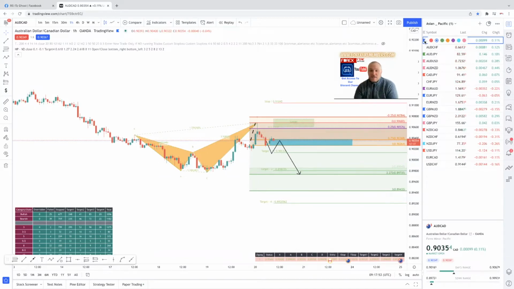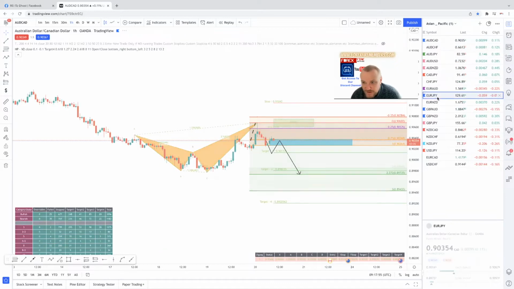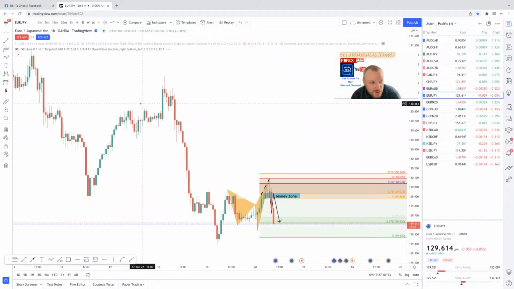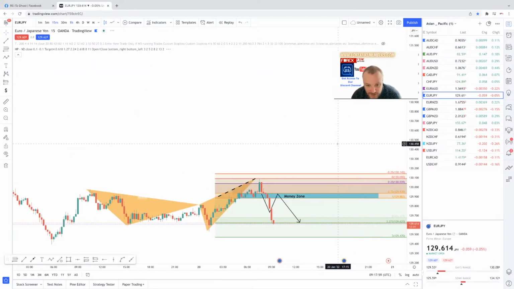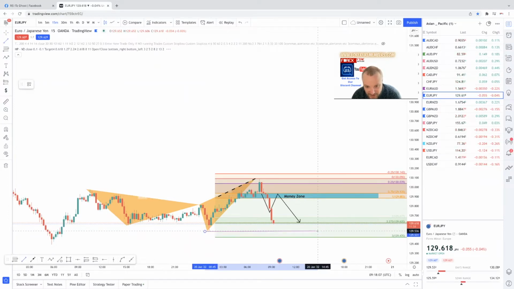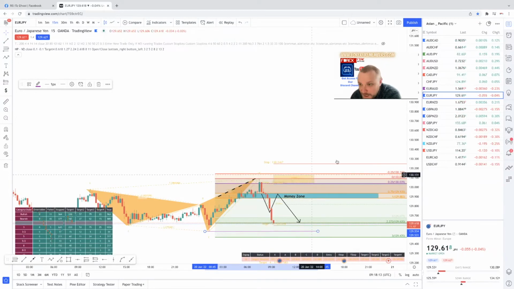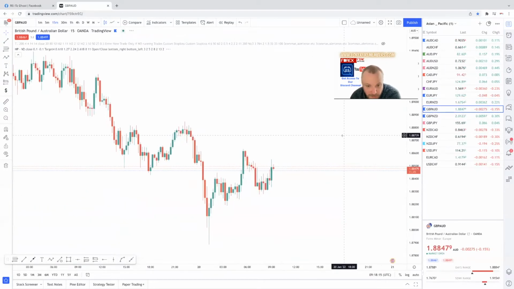Forward card. And let's look at the Euro GBP. It's just pushing down. It's coming to the TP areas on here. If this was to come down into this area here, it's mitigated the whole of the harmonic. So it's just something I need to be wary of. GBP odd.